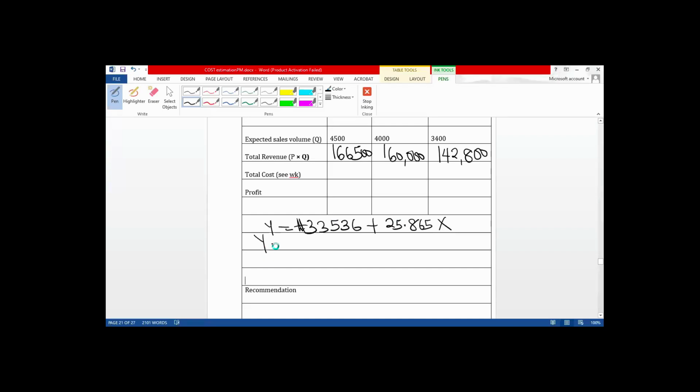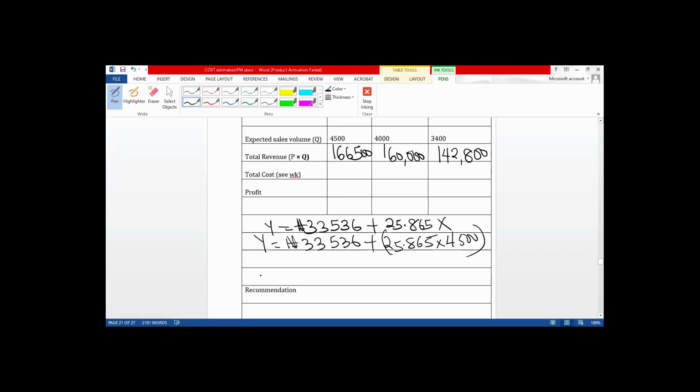Total cost for the first one is 33,536 plus 25.865 multiplied by volume, 4,500. Please compute this. What is total cost for the first price option?